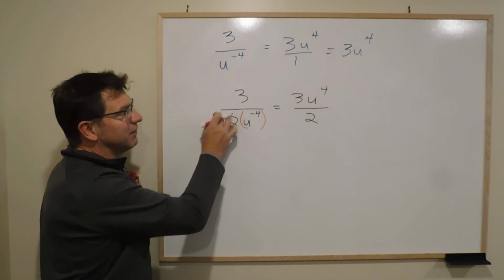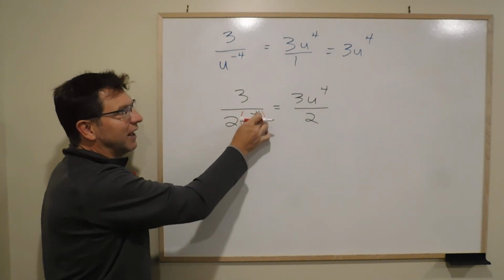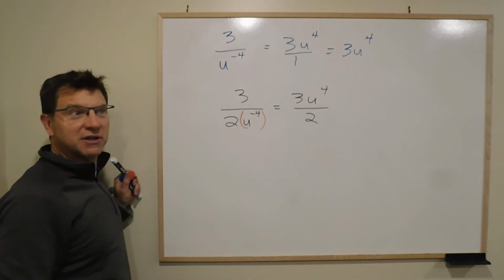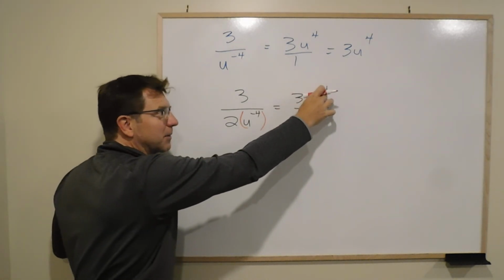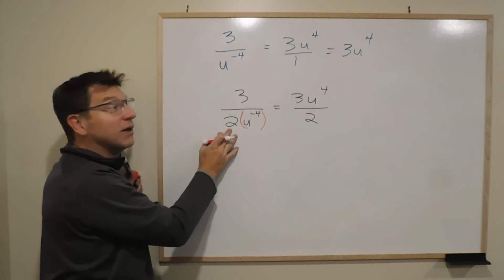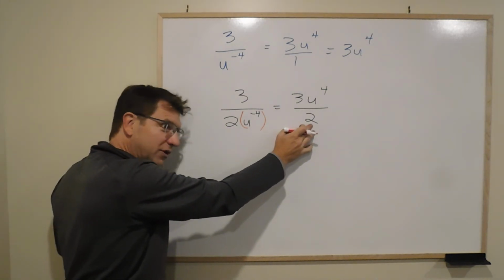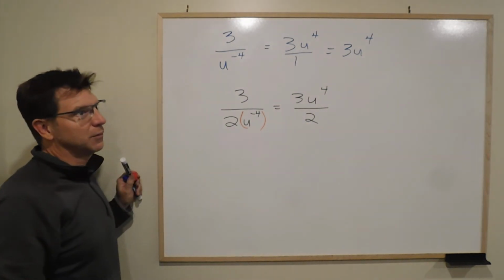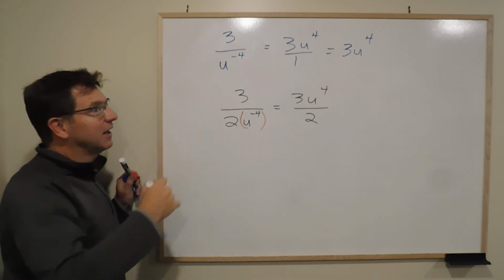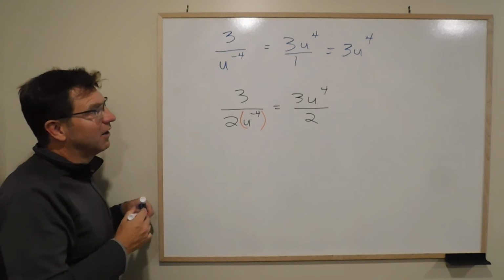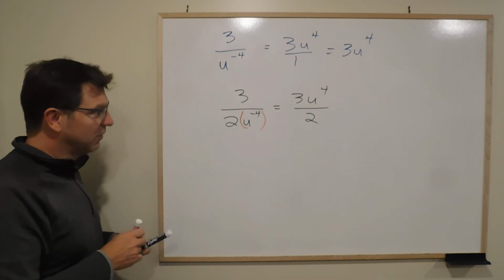If the 2 had a negative exponent, that would be in brackets, but it's not. So that negative exponent just applies to the u. So the u to the negative 4 goes to the numerator to become positive. The 2 was in the denominator. The 2 stays in the denominator. So those are things you gotta be careful, kind of little tricks to look at or little things where you're careful in the rule.